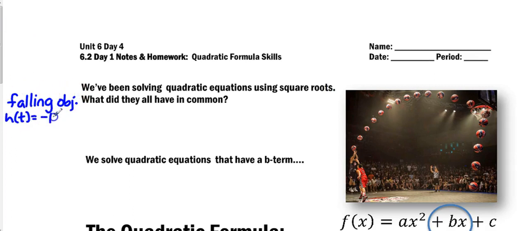H of t equals negative 16t squared plus h naught. We're looking for a connection, though, to our general quadratic form, which is actually down here. So if I look, I have the squared term. I do not have a term, the middle term, bx term, but I do have a constant at the end.